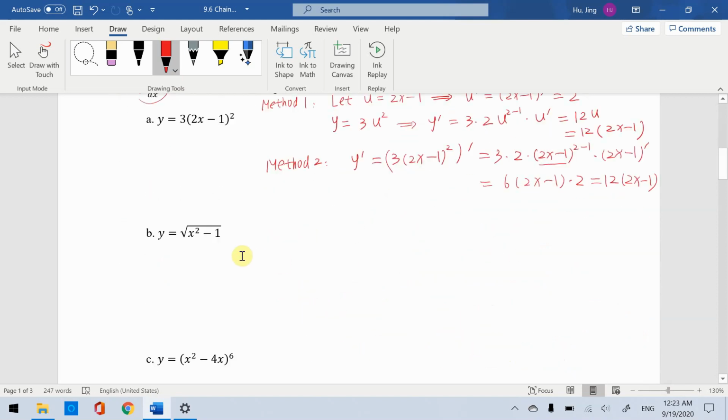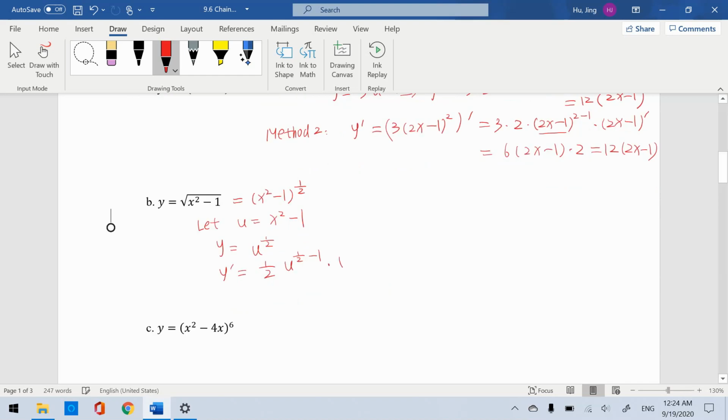Okay, the next one. First thing, we don't really like square roots, radicals or denominators. Just make the radical into an exponent. So you could let u be x squared minus 1, then y directly turns into u to the 1/2 power. Then y prime is the 1/2 jumping down, then 1/2 minus 1, so it's 1/2 u to the negative 1/2.